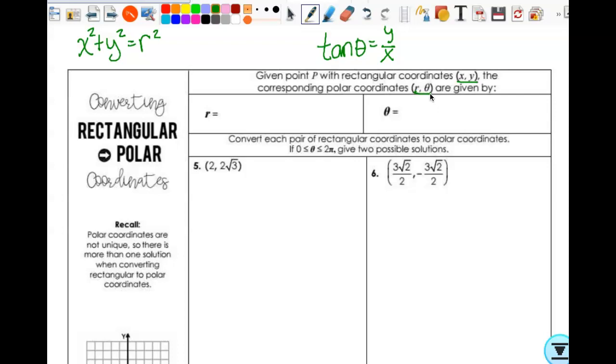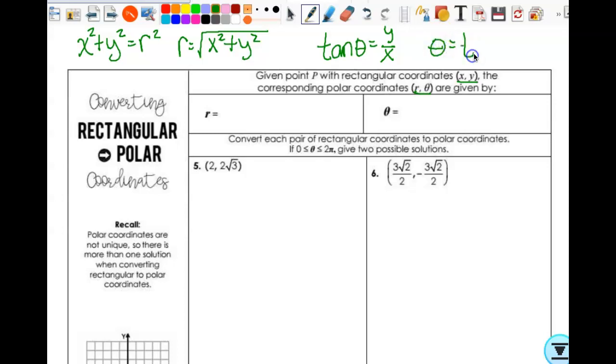Here, if I solve for r, I'm going to take the square root of both sides. So r is equal to the square root of x squared plus y squared. Looks like I forgot my plus or minus, right? But really, we can just make the radius always be positive and not deal with the negative ones, and it all works out just fine, okay? Then theta, I would just take the tangent inverse.